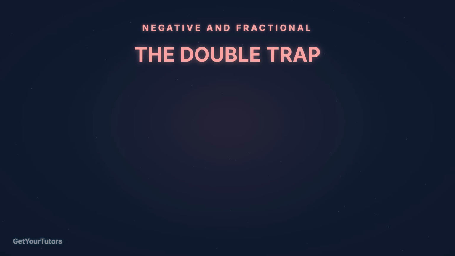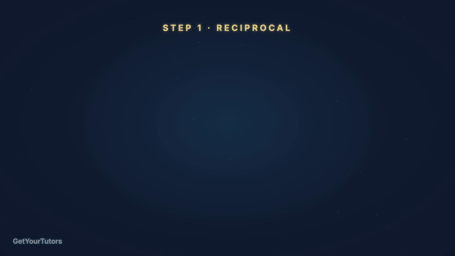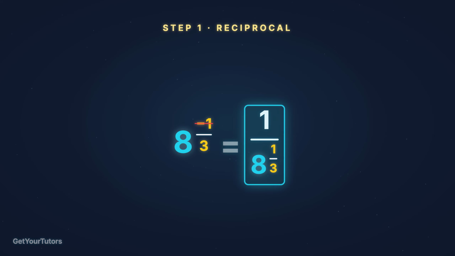What if the examiner combines negative and fractional indices? Calculate 8 to the power of negative 1/3. Do not panic at all. First, destroy the negative sign by taking the reciprocal. It becomes 1/8 to the power of positive 1/3. Simply beautiful.